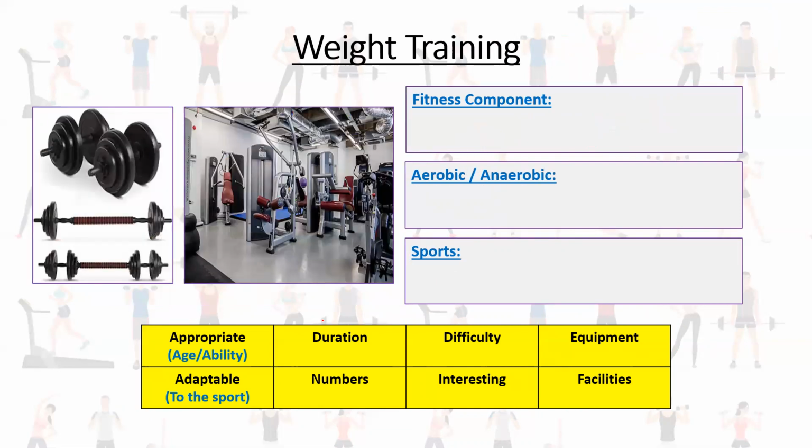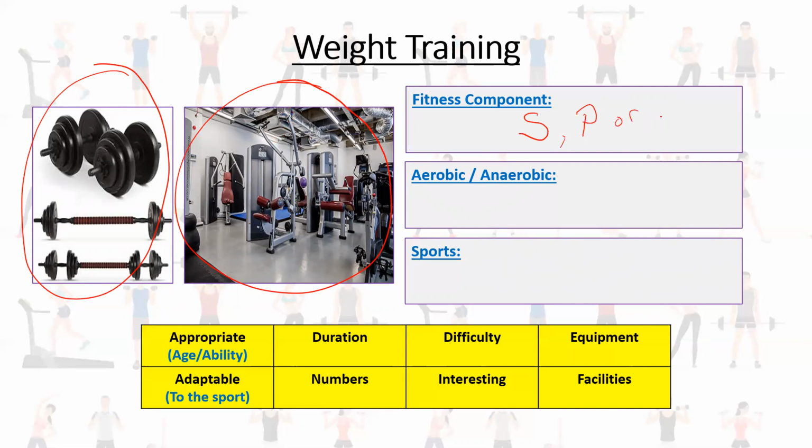Next one, weight training. I think we all know what it is, but it's a case of using free weights, which are these ones where you can adjust the weight on the bars, or resistance machines to improve strength, power, or muscular endurance.